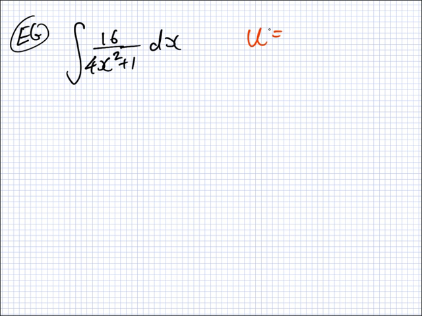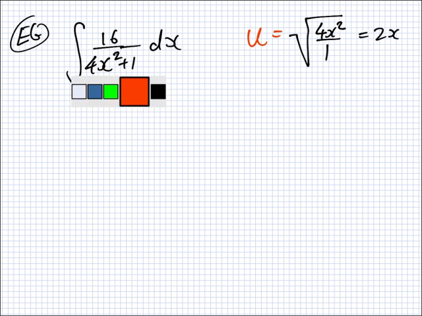Not 4x squared plus 1 actually. What you do is you make u equal to the square root of 4x squared, which is 2x. So if you have these two, you use u as the root of them. So use u as 2x.